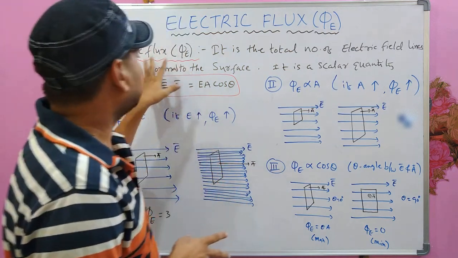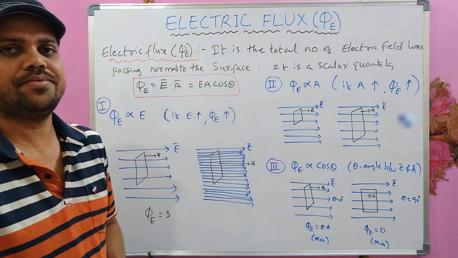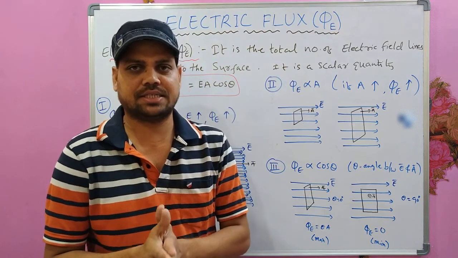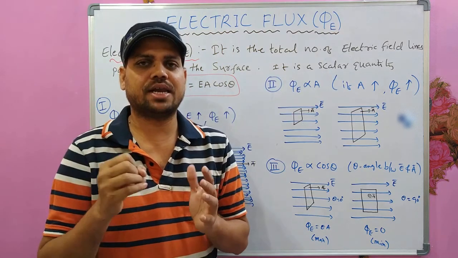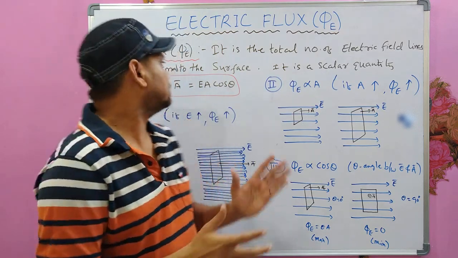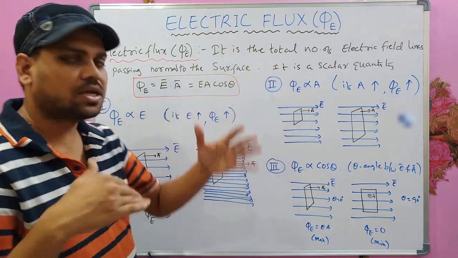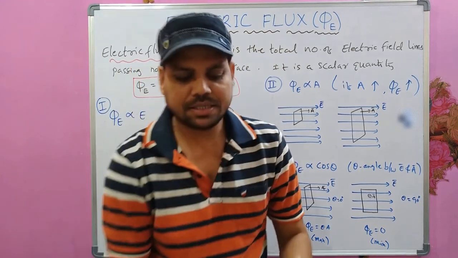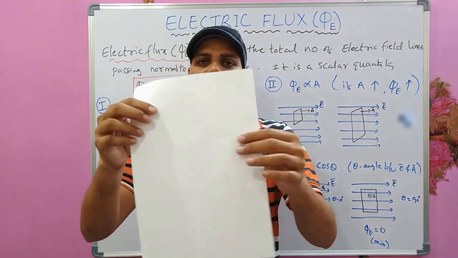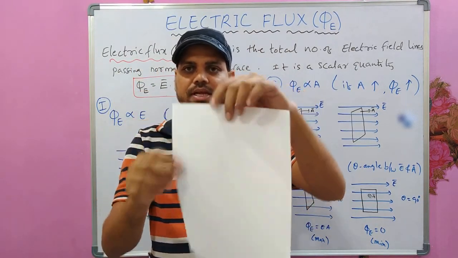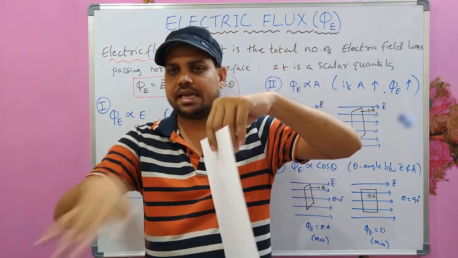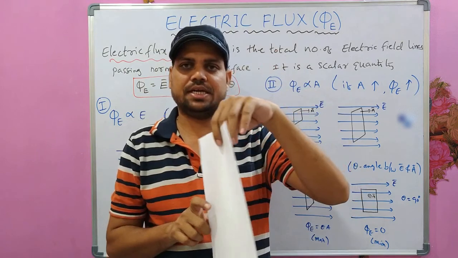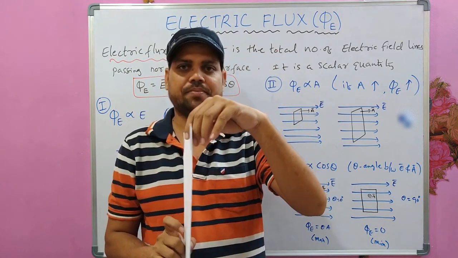Okay, so electric flux is a scalar quantity, the total number of electric field lines passing through a surface normal to it. For example, imagine this is a surface that I am keeping in the electric field region, produced by some charge distribution.